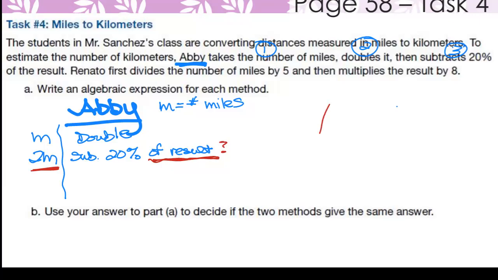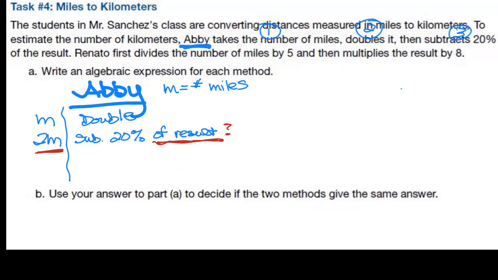Now, how do I show subtracting 20% of the result? Now that we know that the result is going to be 2M, 20 minus 2M. What do you guys think of that?